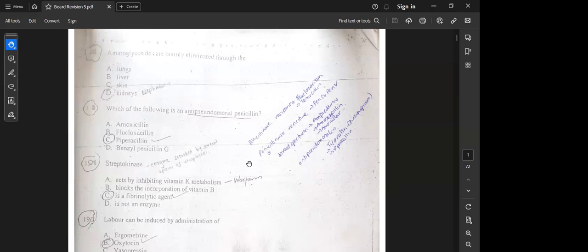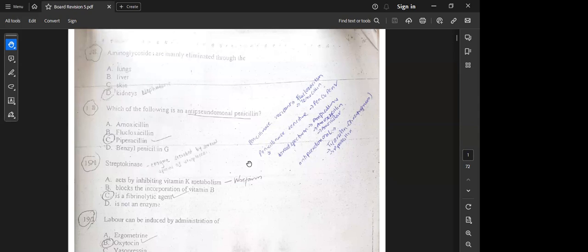And what kind of bacteria are they active against? Anaerobic, gram positive, gram negative, are they against pseudomonas? Gram negative. Aerobic or anaerobic? Aerobic gram negative. Yeah, and very few gram positives.